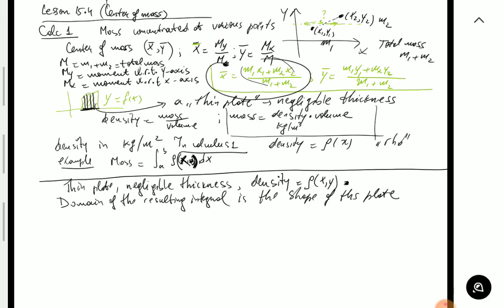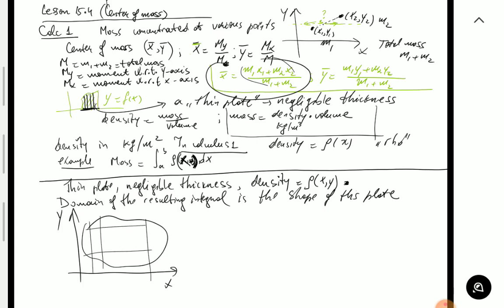So now the partition is going to be like a partition for a double integral, right? If you imagine the plate being like this, generally speaking, and you do the partition, after you take the limit of the Riemann sum, the partition for the double integral, you basically have a piece of the plate of area dA.